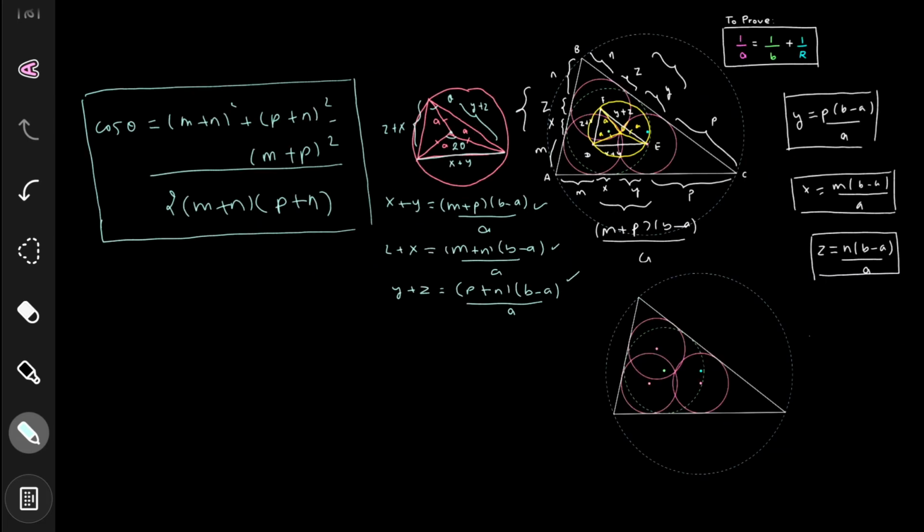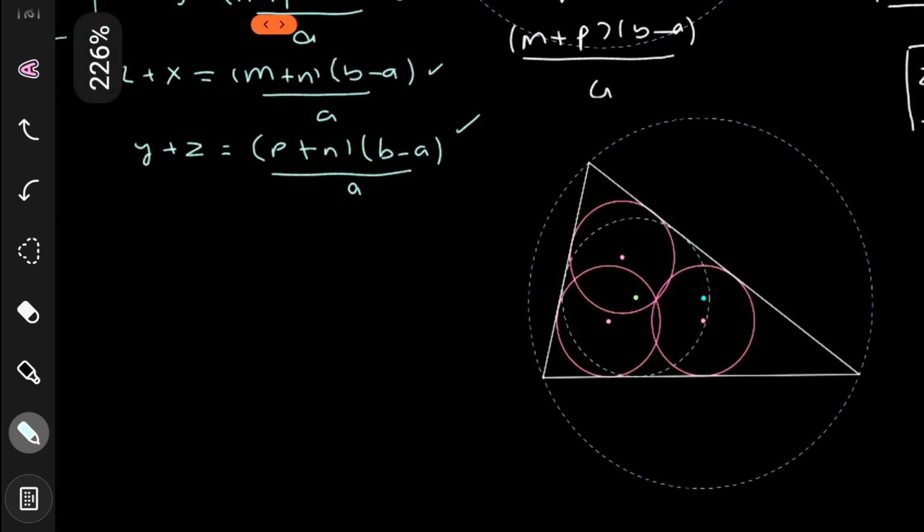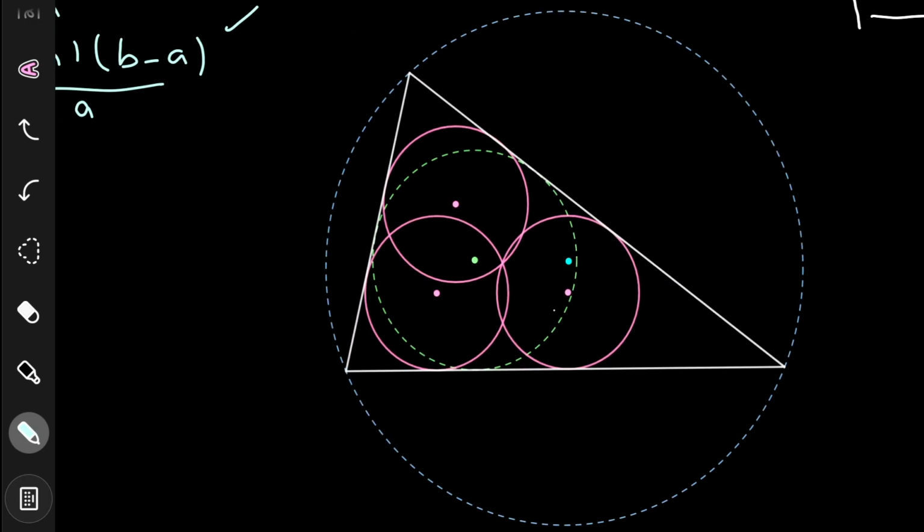Now to move further in the solution, I have drawn one more diagram over here. So let us see what we can do with it. So till now we have utilized all the facts related to the incircle and the pink circles. But what is remaining is the circumcircle. So let us utilize that thing. So this blue point is the center of this circle. Hence if I draw the line segment from this point to the corners, it will ultimately be the radius of this circle that has been taken as capital R. Okay.